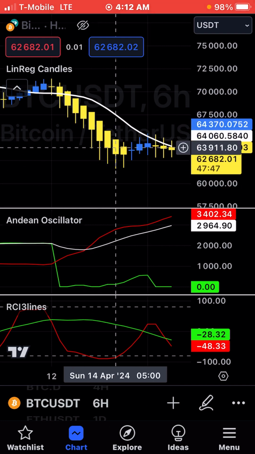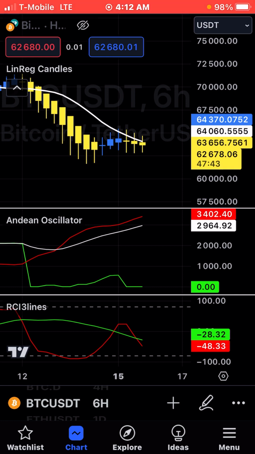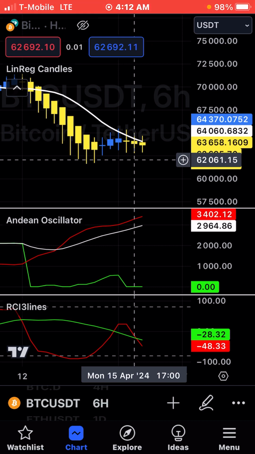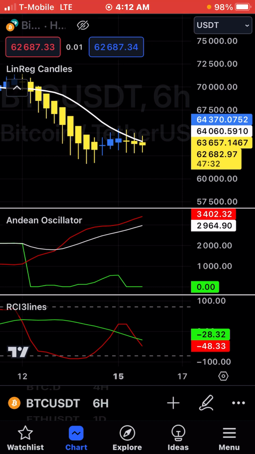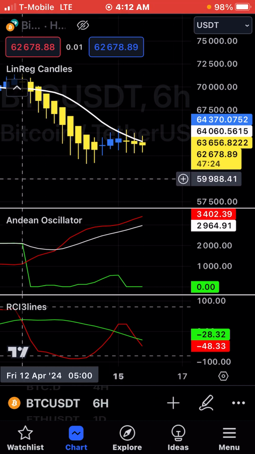You'd be in profit. And then what you want to look for on the RCI 3 lines is, when we know the direction is down, you want to focus on the moments when the red line, or whatever color that line is, is going down. So you see that happen here, and you see that happen here.